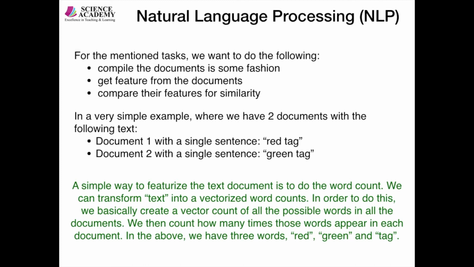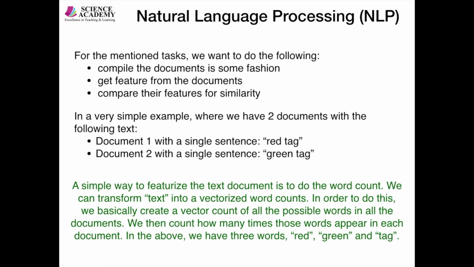We can transform text into a vectorized word count. In order to do this, we create a vector count for all the possible words in all the documents. Then we count how many times those words appeared in each document.